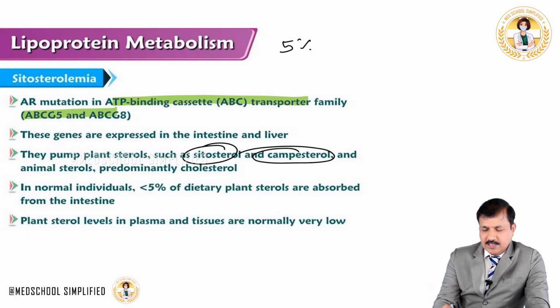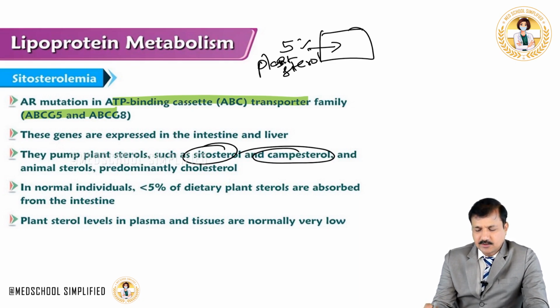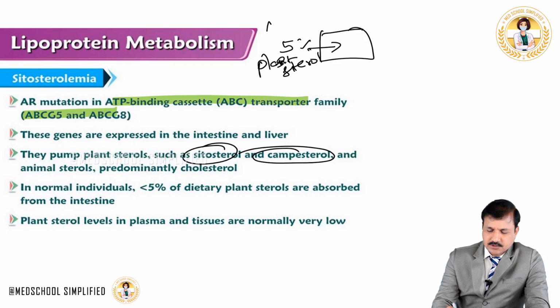An example of a plant sterol is sitosterol entering into the enterocytes, and out of that, the majority is pumped out into the lumen. So this is the lumen of the enterocytes.